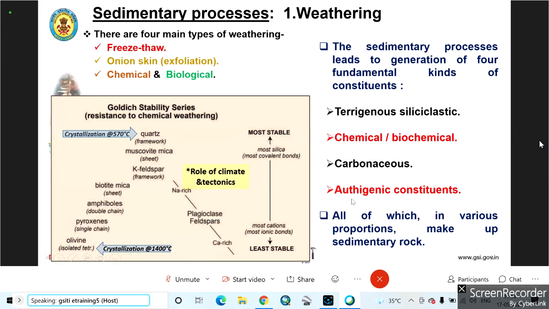As a product of diagenesis, orthochemical constituents form, and together, with variable proportions of all these four constituents, different kinds of sedimentary rocks are formed.